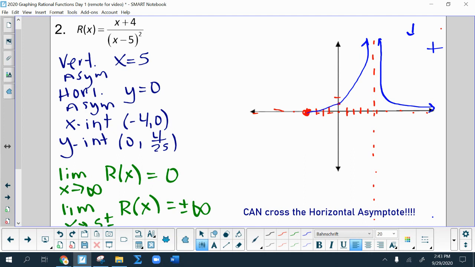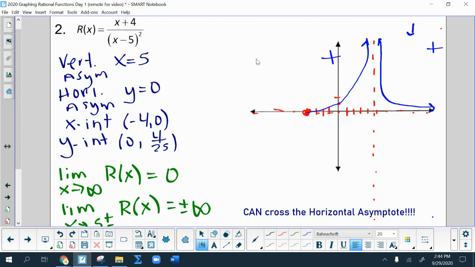And now we have to figure out what's happening at that x-intercept. So now I need to plug a value in. We know this region's positive. I want to plug a value into the left of -4. So this is where it's going to change now. So -4, if I put something like -5, -6, -100, negative whatever, the denominator stays positive and the numerator goes negative.